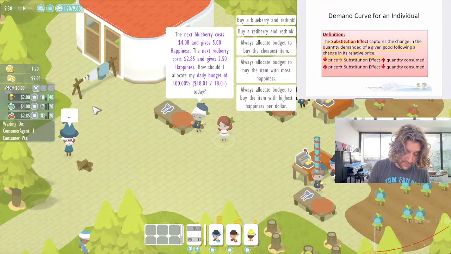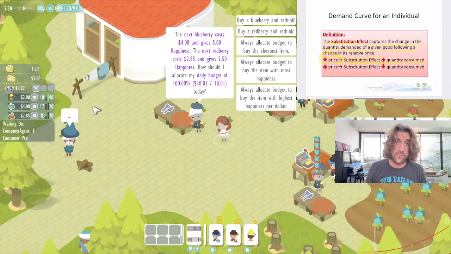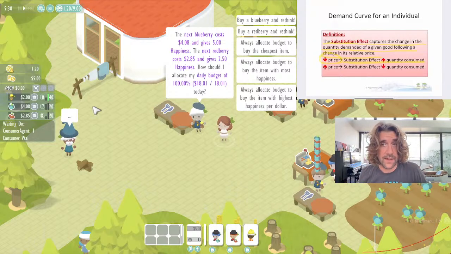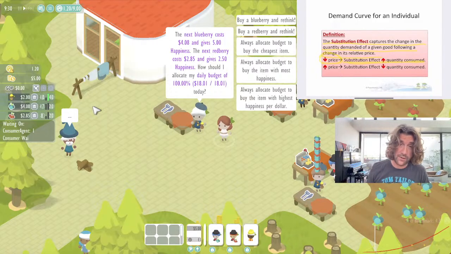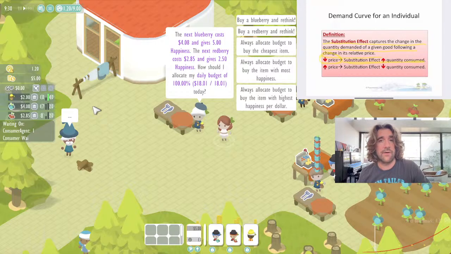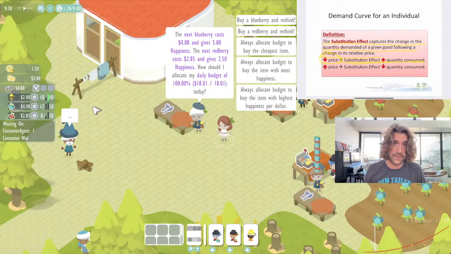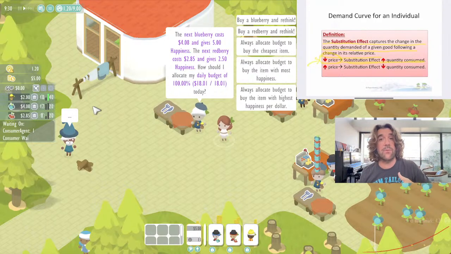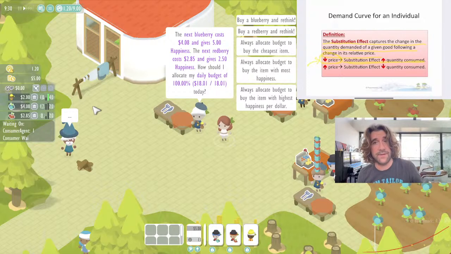So when the price of a blueberry goes down, the substitution effect makes the blueberry more appealing to the consumer, and so we're going to end up consuming more blueberries because they are relatively cheaper than red berries.